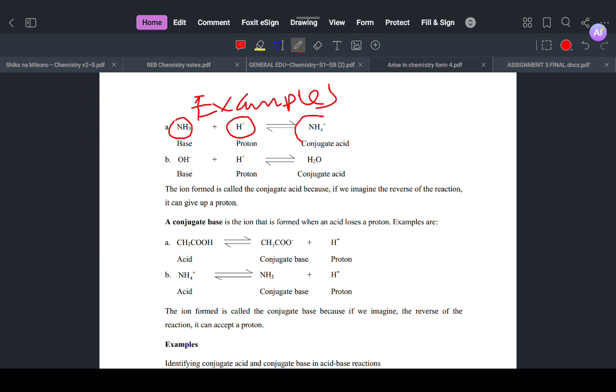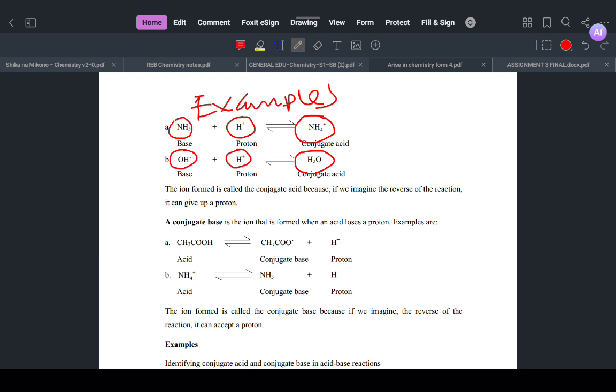What is formed, as I mentioned earlier, is a conjugate acid. So whenever a base gains or accepts a proton, the product thereof is called the conjugate acid. Another example is the OH minus, which is called the hydroxide ion. Upon gaining a proton, it's going to form water, which is behaving in this case as a conjugate acid.